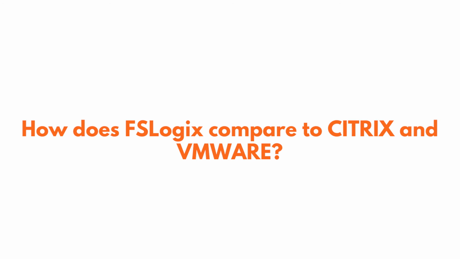Citrix and VMware have both come out in the past 18 months or so, VMware with app volumes, Citrix with app layering, and these are about simplifying the way that IT delivers applications into their virtual desktop environments. So I can capture my applications into a virtual disk and attach those to the device or the virtual desktop when the user logs on or when I compose that master image.